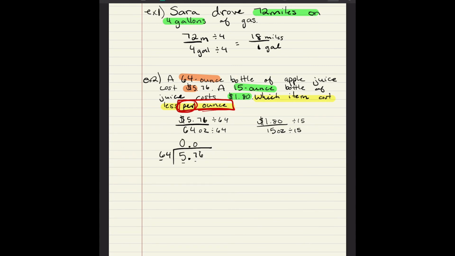All right, I made a silly mistake. So the price was $5.76. So let's try that again. So I know 64 can go into 57. So let's try 64 times 9.